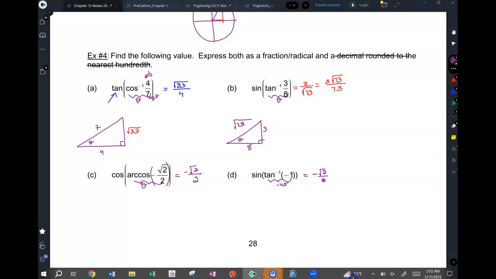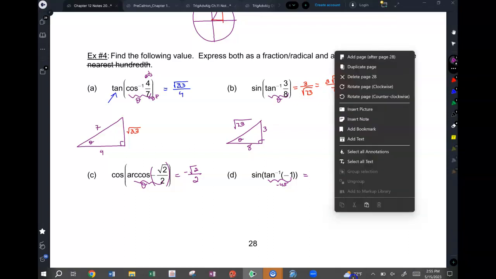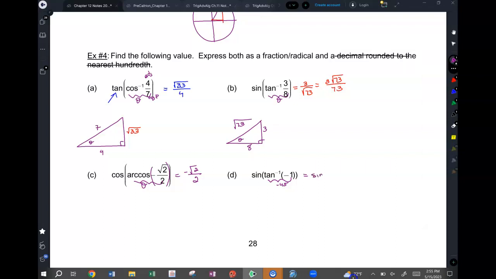You have to know that unit circle of yours. So another way to write that is you could say that this is sine of -π/4, which is -√2/2.